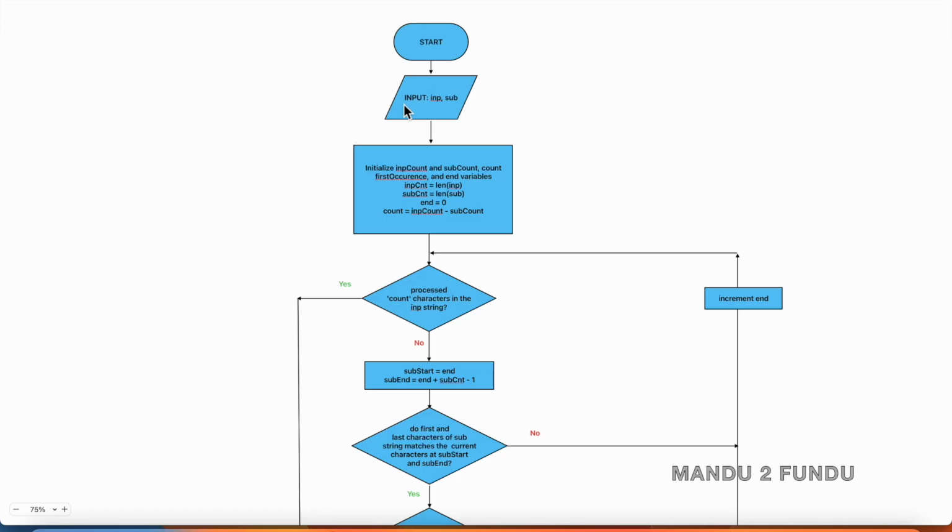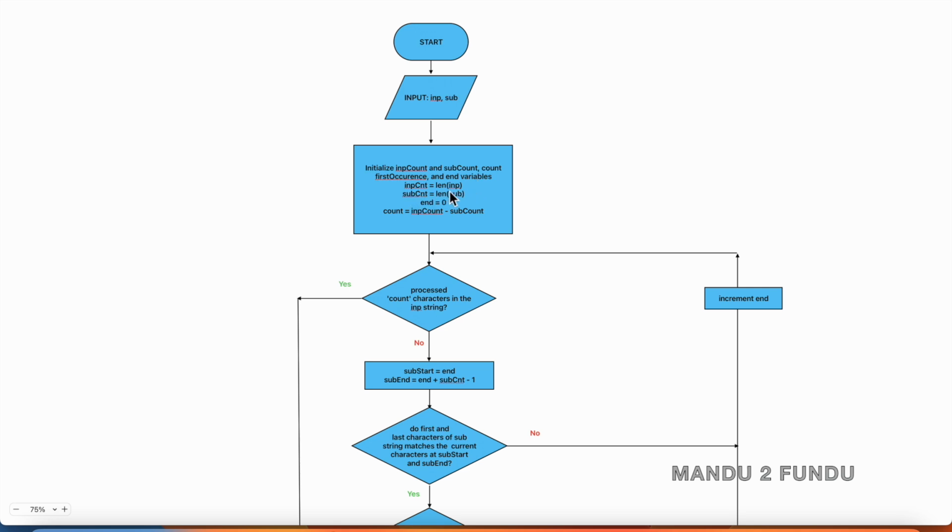The inputs for this procedure are the input string and the substring. First, we initialize the input count, sub count, the count of characters we have to scan in the input array, the first occurrence variable, and the end pointer.